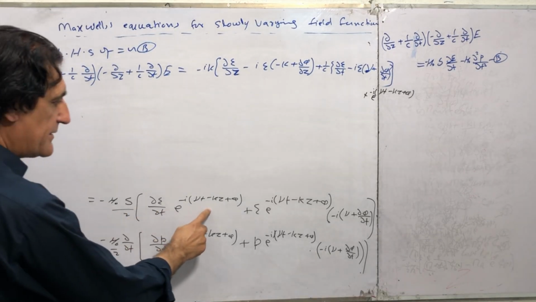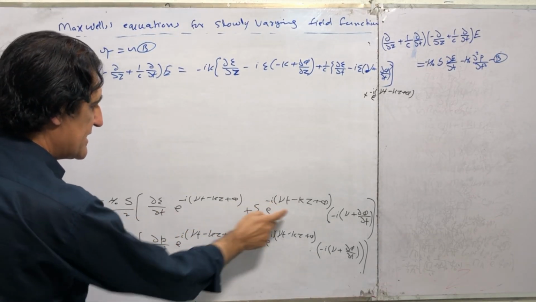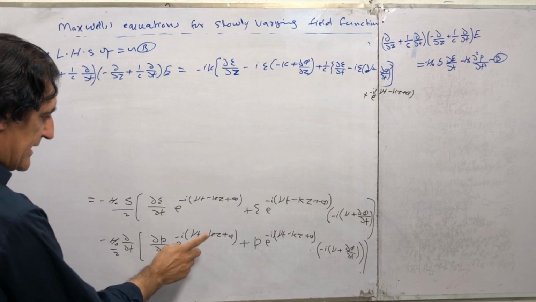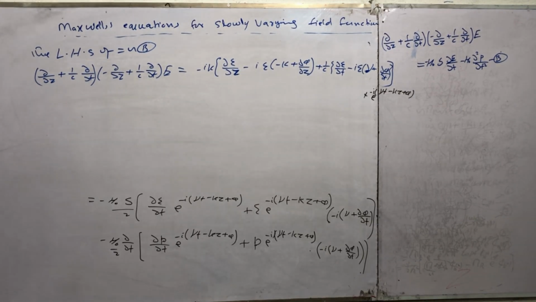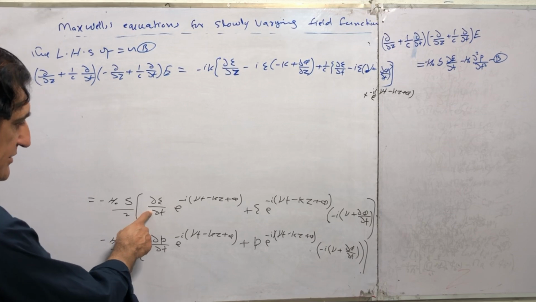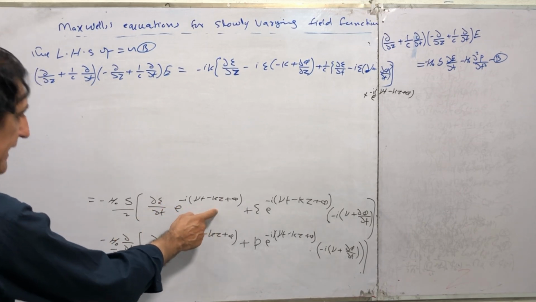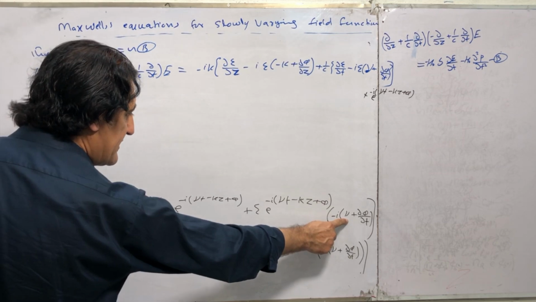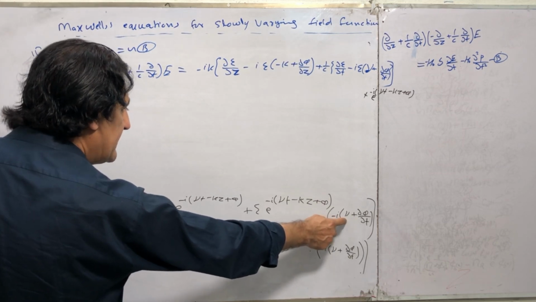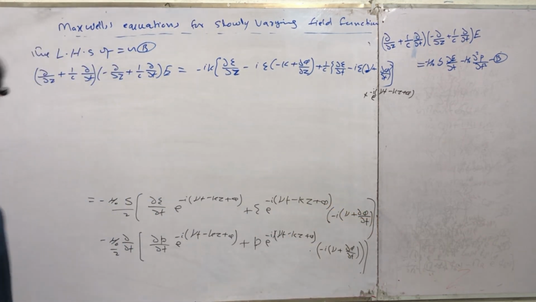Now from here you can take this exponential common, and from here as well, then what you can get, and also you can apply the approximation here. You can apply the approximation partial e divided by partial t is very less than nu e, and partial phi divided by partial t.